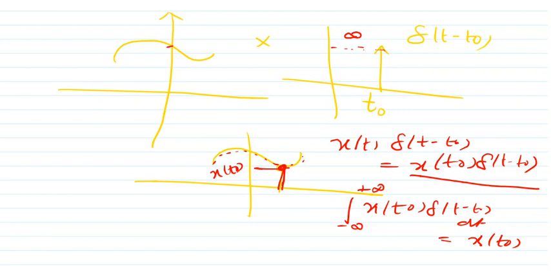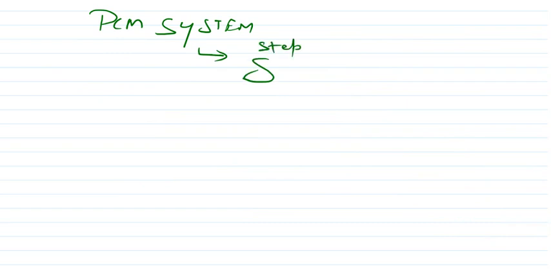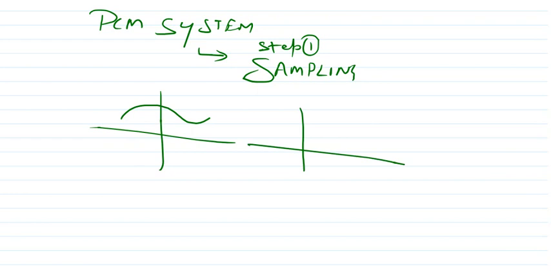So basically if we consider the PCM system, that is pulse code modulation system, then step 1 is basically sampling. We are multiplying our signal, so this is our signal, with an impulse train.